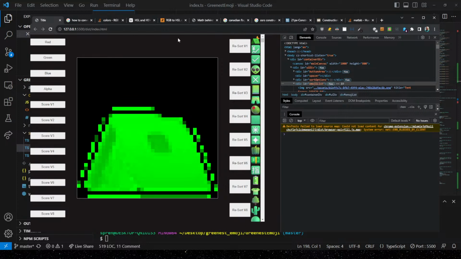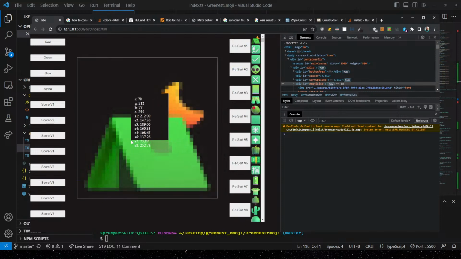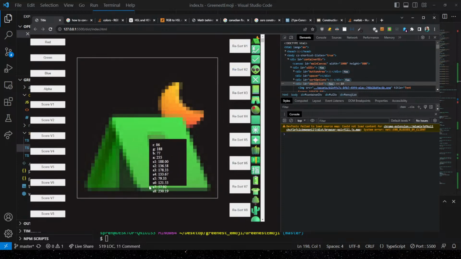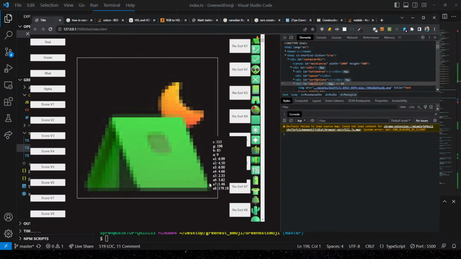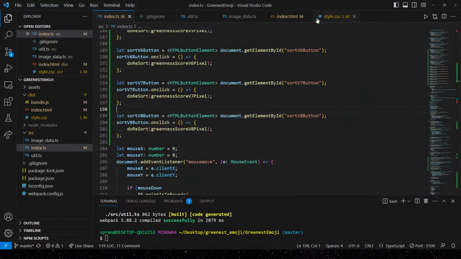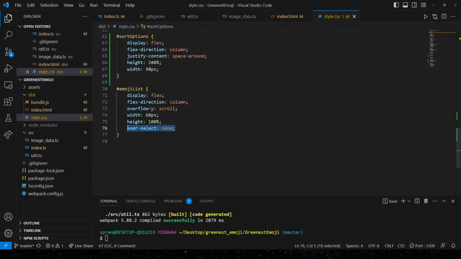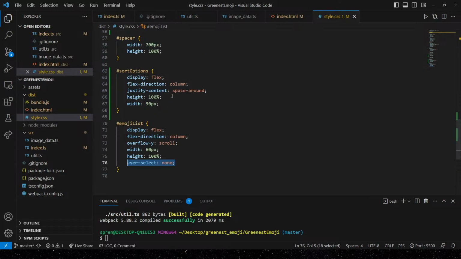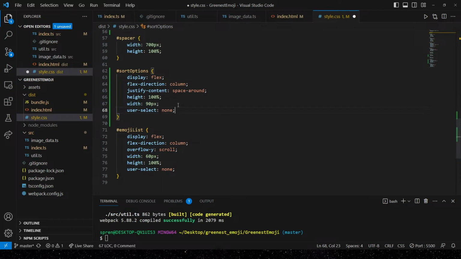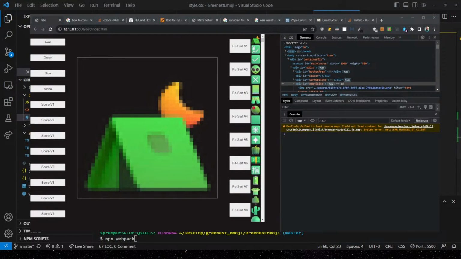Whoa. This looks extremely different. What the heck? That's pretty cool. Oh, I need to do that thing. Use select none on sort options.